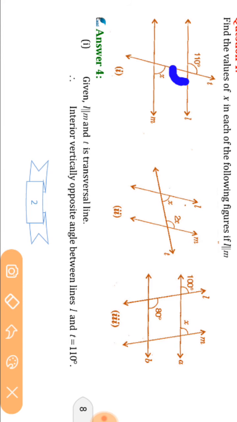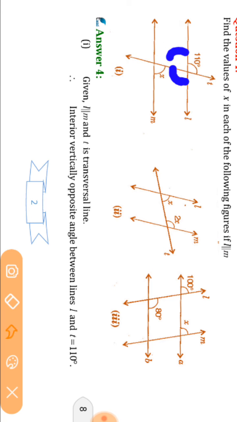By that method also you can take this angle. This is also 70 degrees, because of the linear pair, 70 degrees is equal to X, because they are alternate angles.